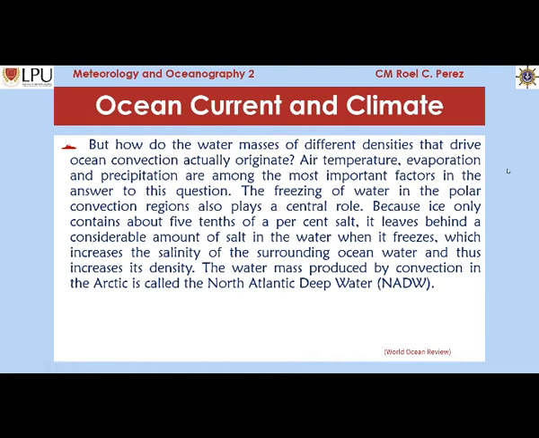Because ice only contains about 0.5 percent salt, it leaves behind a considerable amount of salt in the water when it freezes, which increases the salinity of the surrounding ocean water and thus increases its density. The water mass produced by the convection in the Arctic is called the North Atlantic Deep Water, NADW.